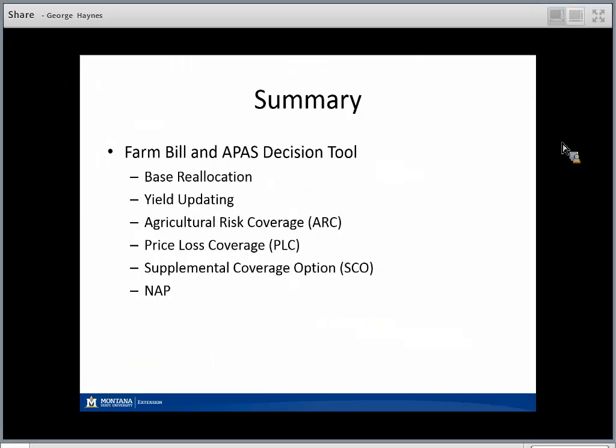So when we think about farm policy, this is the way I like to think about it in terms of the Farm Bill. There's a significant number of decision tools that went along with this.